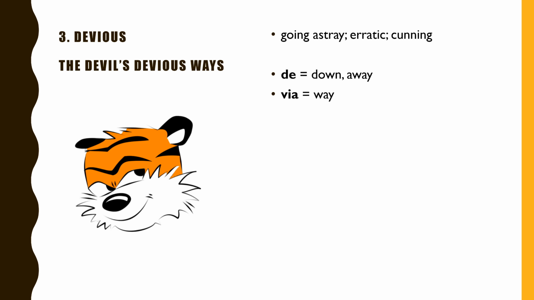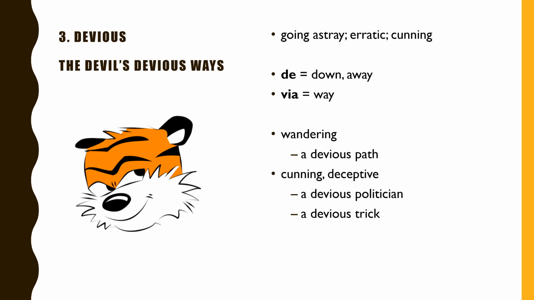So if you deviate, you're going astray from the straight path. So you're being devious. So you are wandering. You're going on a devious path, a path that goes astray, aside from the main road. And it could also refer to people being cunning and deceptive, like a devious politician or a devious trick.